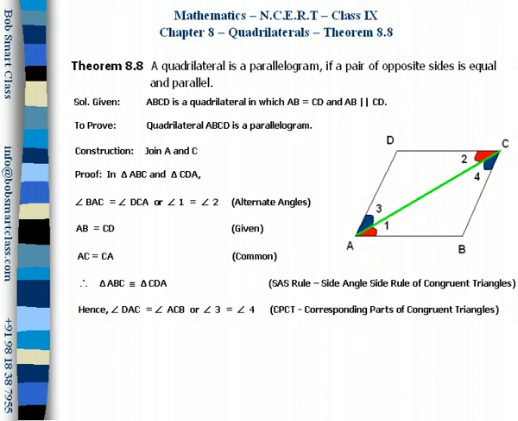Hence, if these two triangles are congruent, their corresponding parts are always equal. Therefore, angle DAC equals angle ACB, or angle 3 equals angle 4. But these angles are alternate angles also, alternate angles of the transversal AC which cuts lines AD and BC.